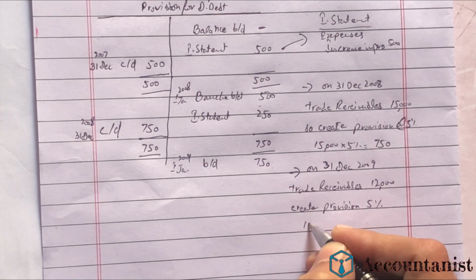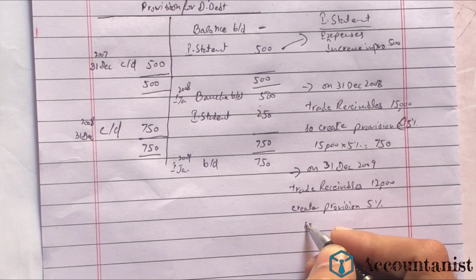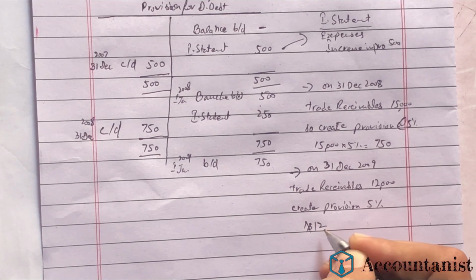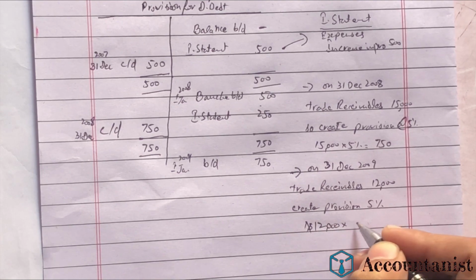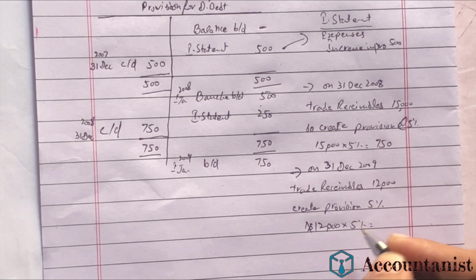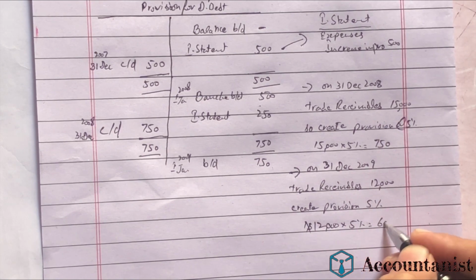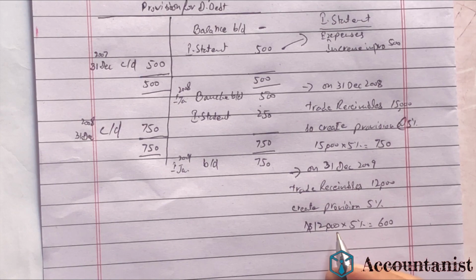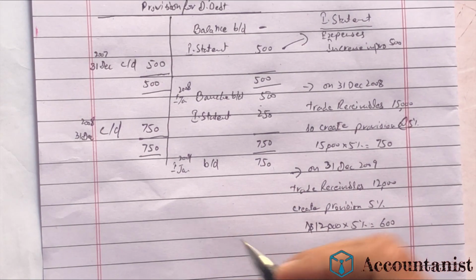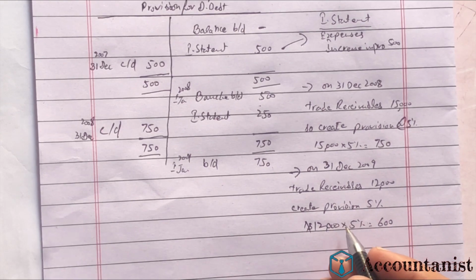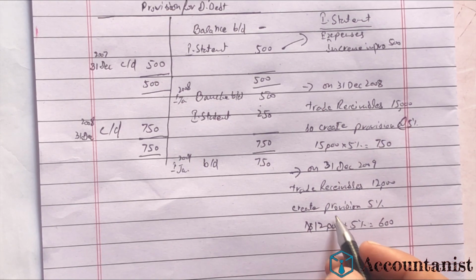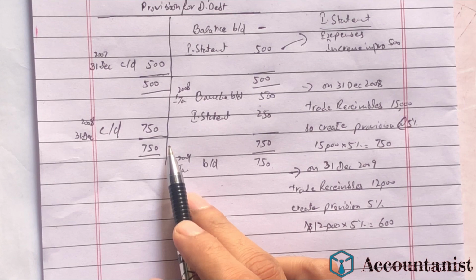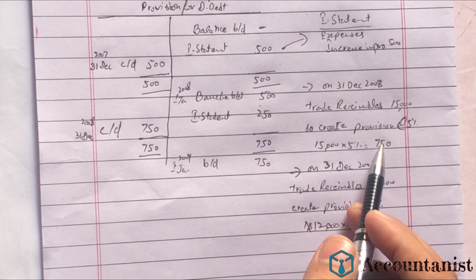So the provision for this year will be 12,000 into 5%. If we calculate this, 12,000 multiplied by 5 divided by 100, it gives me a figure of 600.